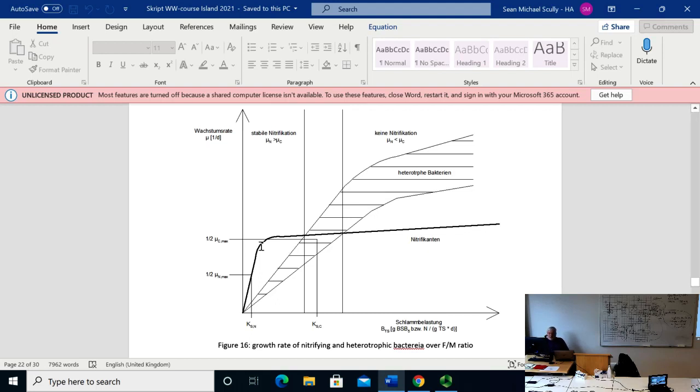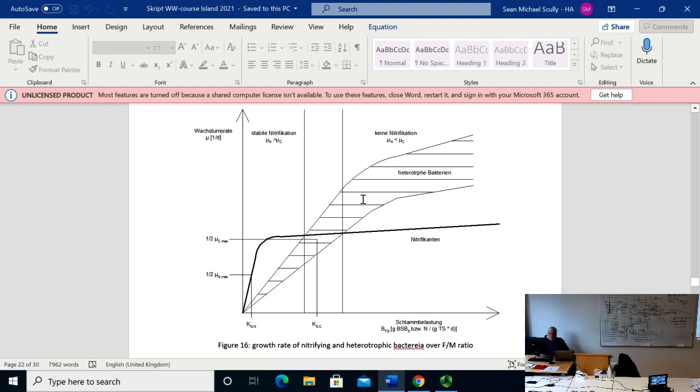And if you do it on the reverse side, it doesn't happen, because then the nitrifiers at a certain point become more and more, and the F/M ratio goes down, and this is where you get a stable, lower F/M ratio of the heterotrophs. You can't wash them completely out.